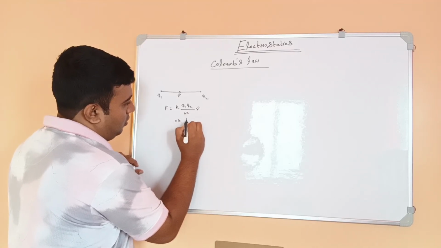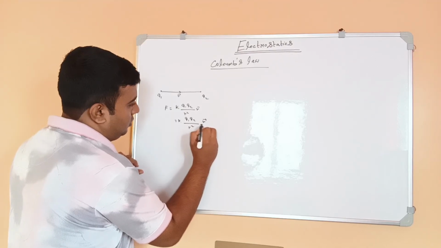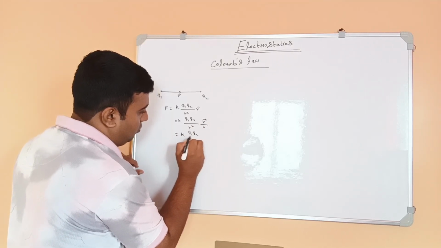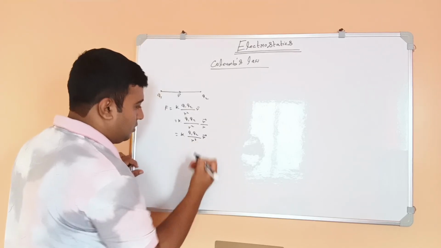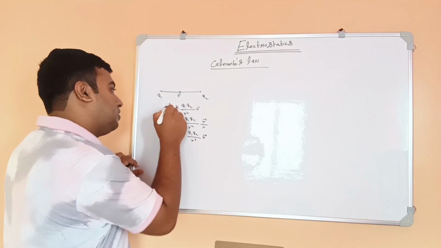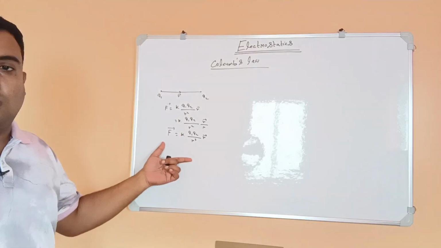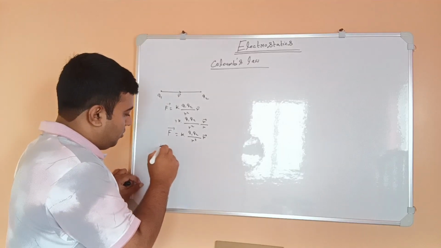This is k q1 q2 by r square into r vector by r, that is k q1 q2 by r cube into r vector. This is the basic vector form of Coulomb's law.